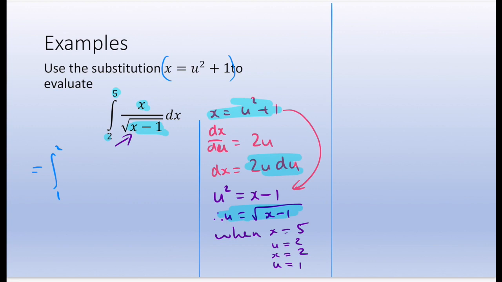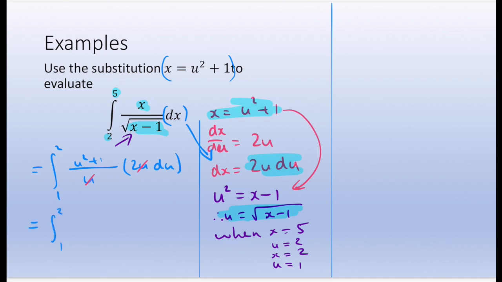And instead of x, I can put u squared plus 1 at the top of the fraction. And at the bottom of the fraction, I can simply put u. All right. But I have this situation where I have 2u du instead of dx because of this guy here. Ooh, that works really in my favor because I can cancel those u's out, because I was a bit worried about that.